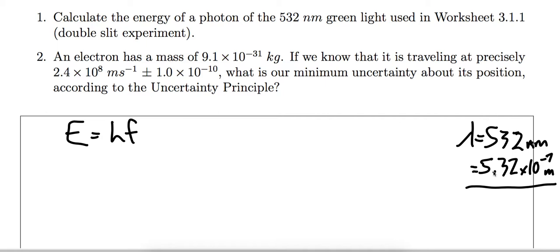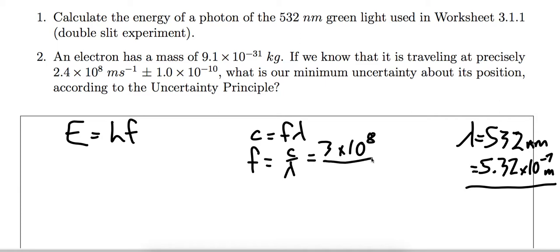So working in good old SI units, we know the wavelength, but we happen to know that for all electromagnetic radiation, c equals f lambda. It's like v equals f lambda, but the velocity is the velocity of light, c. So if we want to find the frequency, we can rearrange that. f equals c over lambda equals 3 by 10 to the 8 meters per second, divided by the wavelength, 5.32 by 10 to the minus 7.